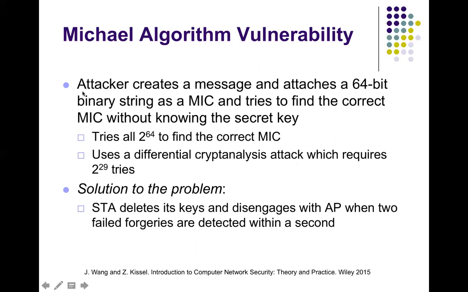An attacker creates a message and attaches a 64-bit binary string as a MIC, message integrity code, and tries to find the correct MIC without knowing the secret key. So the attacker needs to try all 2 to the 64th power possible keys to find the correct MIC.